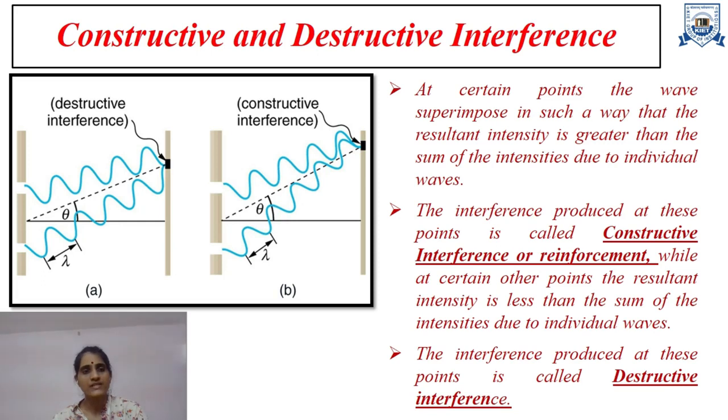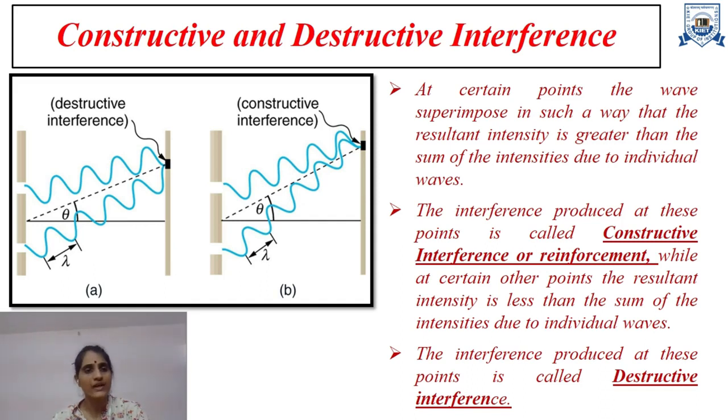So the resultant amplitude is very small in comparison to the sum of intensities due to the individual waves. At that point the intensity is very low because intensity is directly proportional to the square of amplitude.